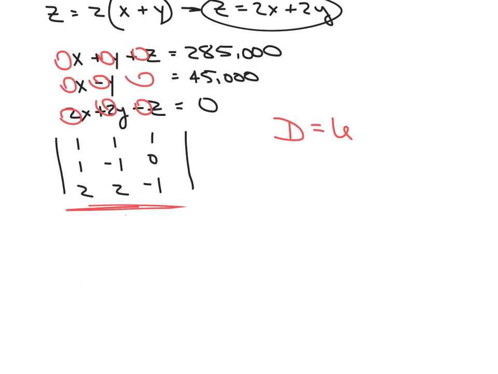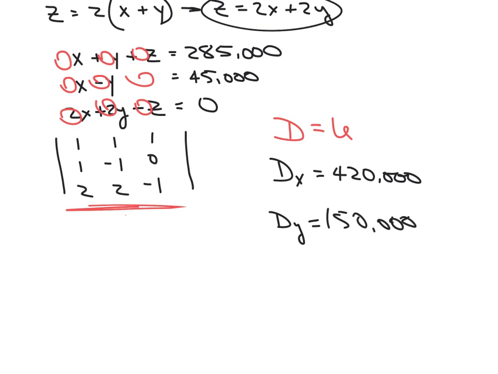Then I go ahead and find the determinants, and I get for my D of x, I end up with 420,000. My D of y is going to be 150,000. And my D of z is going to be 1,140,000.